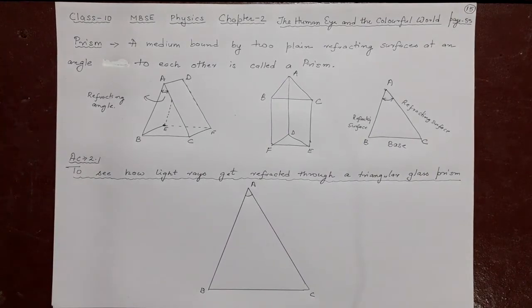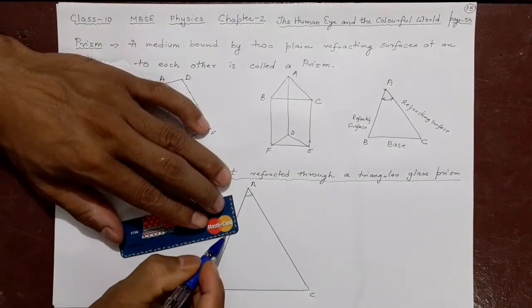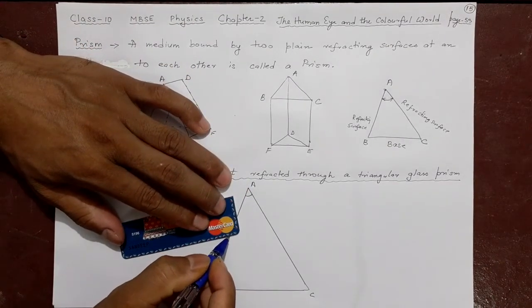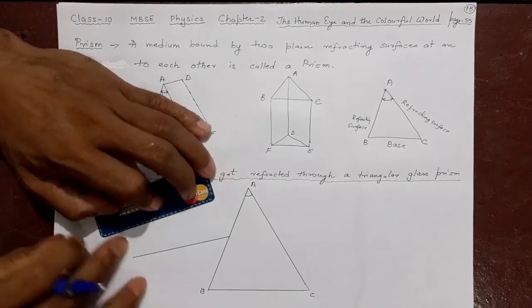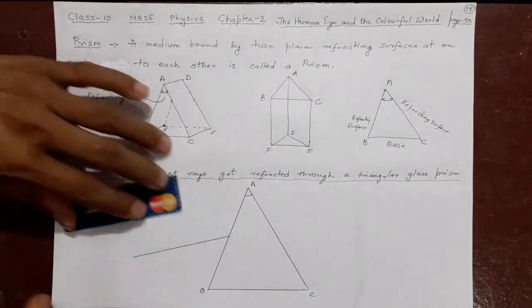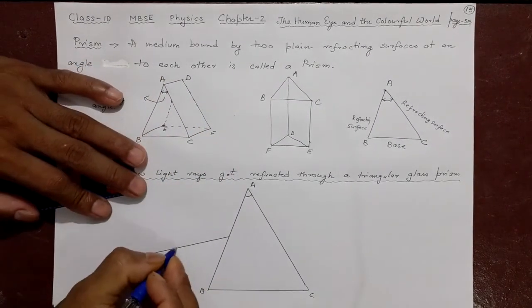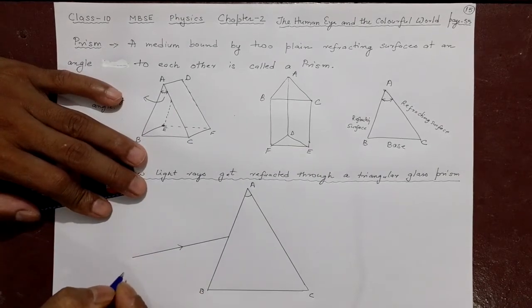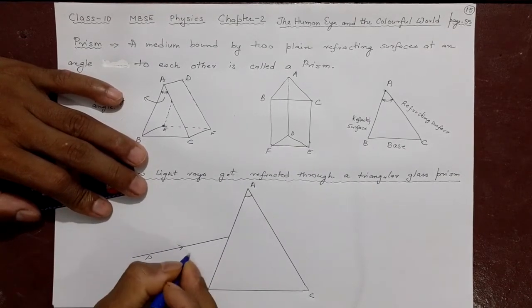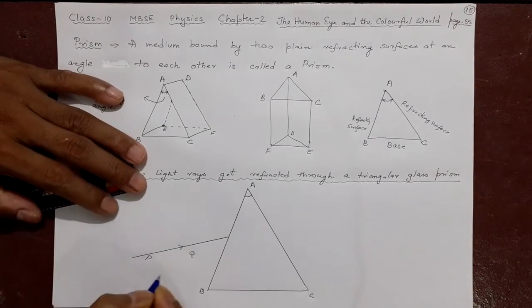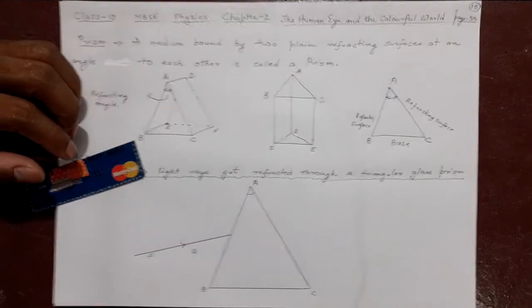So now what will happen, I will take a small scale. Suppose this is the light entering. Of course many rays are entering, but we will take only one ray for our study. Suppose this is the ray which is entering. We call this ray PQ.